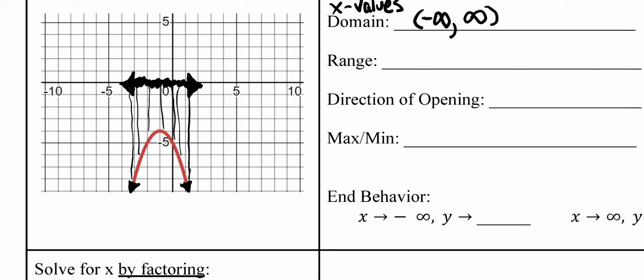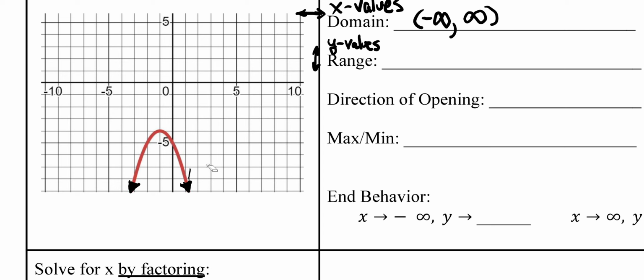Now, the range, likewise, are the y values, all of the y values. The y values are up and down, as opposed to the x values, which are side to side, left to right. And so you have to list the minimum value first. So this time, I'm going to move everything off to the side.